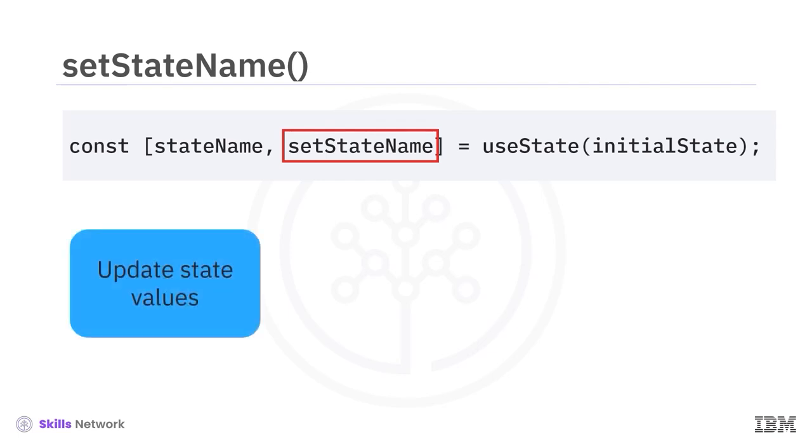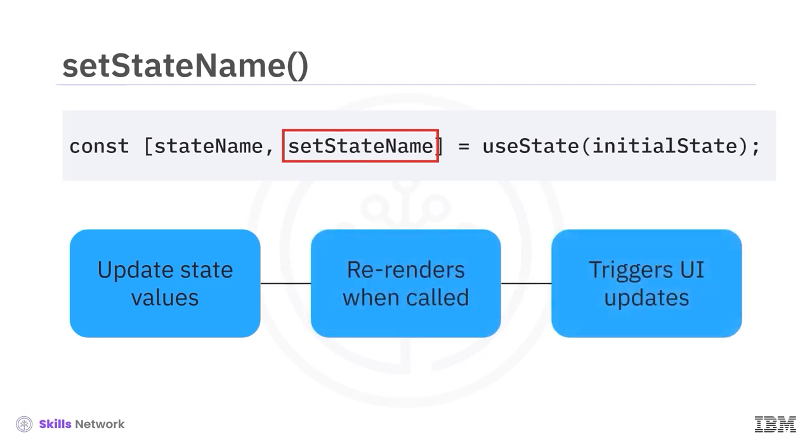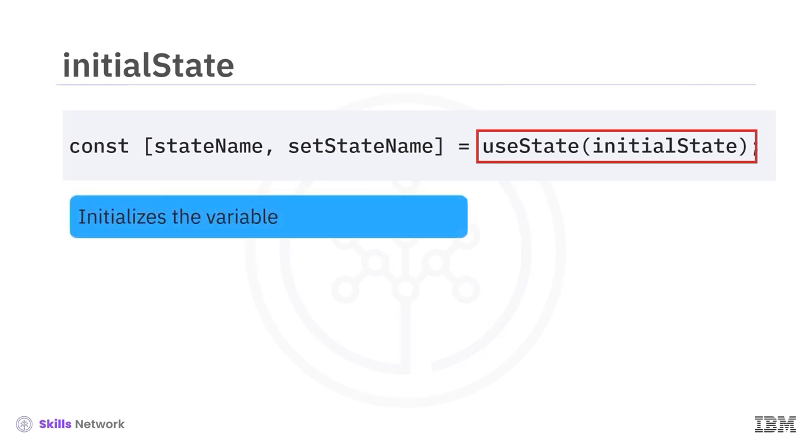When you call setStateName, React will re-render the component with the updated state value, triggering any necessary UI updates. You pass the initial state value into the useState function as a parameter. This value initializes the stateName variable when first rendering the component. Next, you will see this syntax demonstrated with an example.